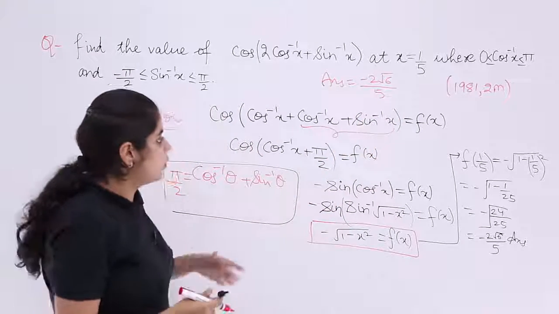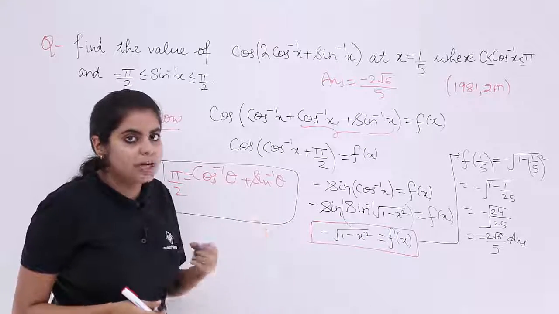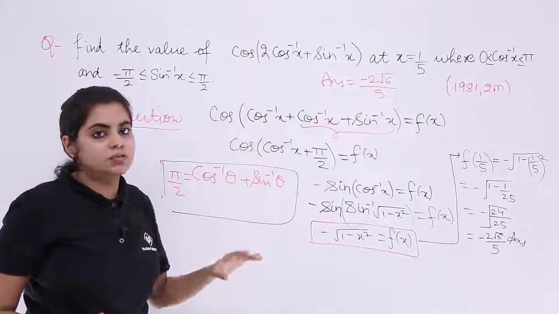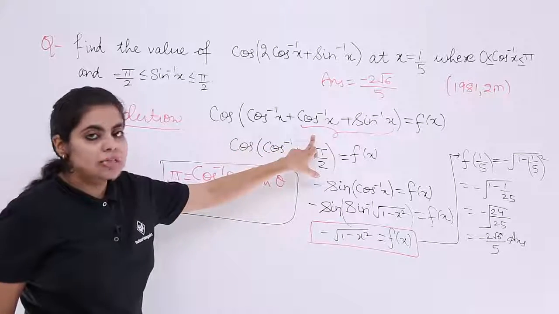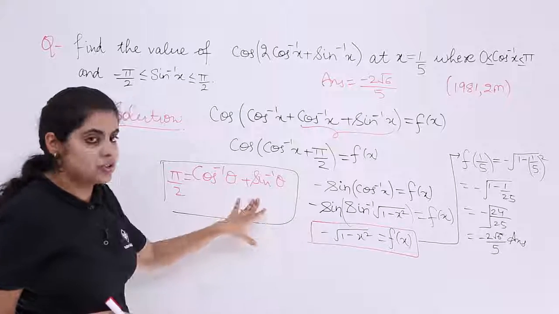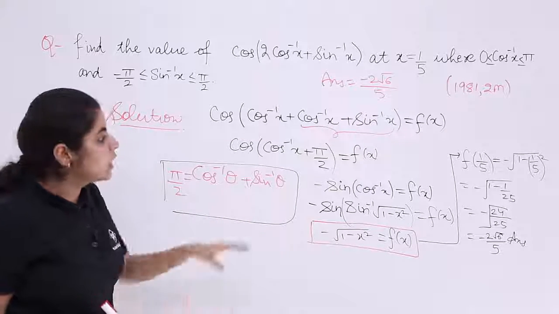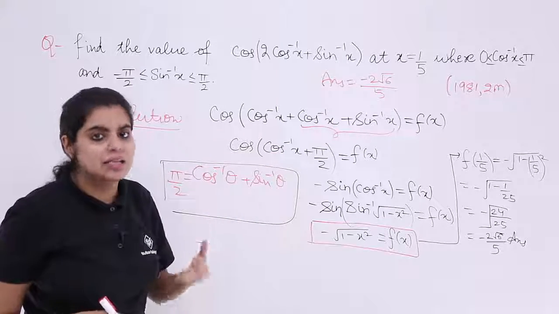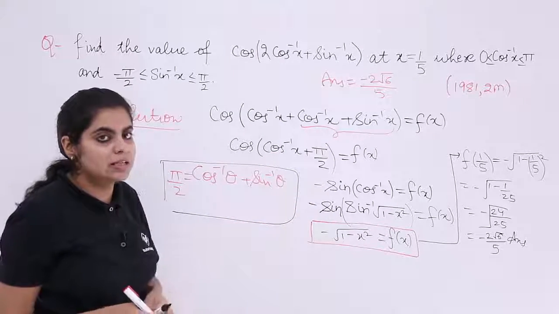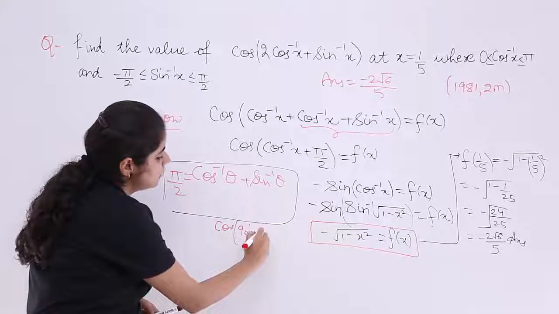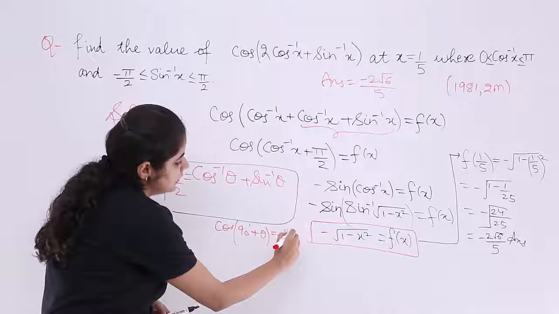And let's again see what we did. The answer is already obtained. We had an expression wherein we found out that we can use the formula by splitting the cos inverse x 2 times. We have cos inverse theta plus sin inverse theta, which is written here, which is equal to pi by 2. Now you substituted pi by 2, you got cos 90 plus theta in the second quadrant, which becomes equal to minus sin theta. I write this formula also, cos 90 degree plus theta is equal to minus sin theta.